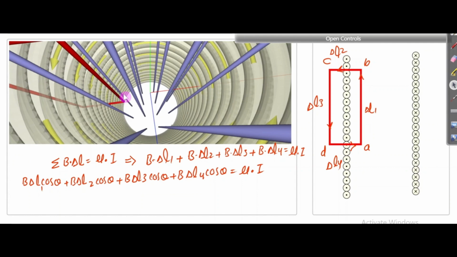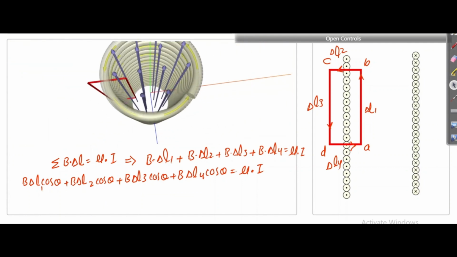So here the angle between B, the magnetic induction, and dL1 is 0. So we can write here B dL1 and cos 0.